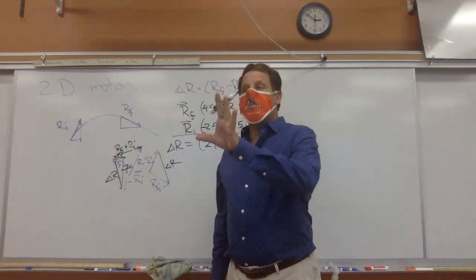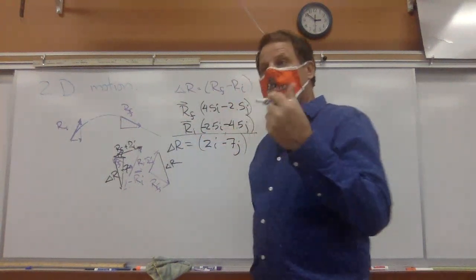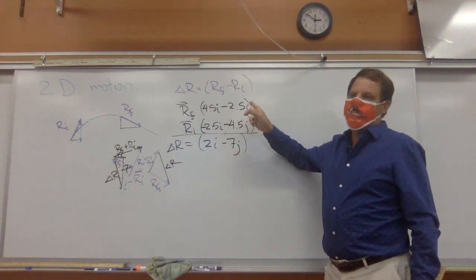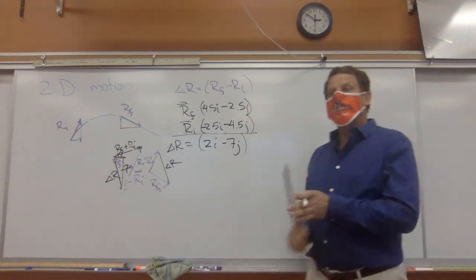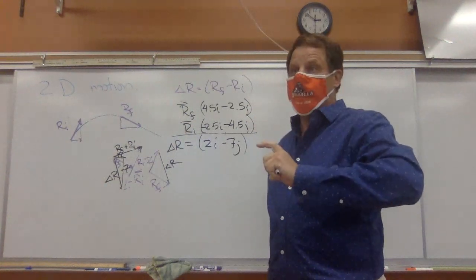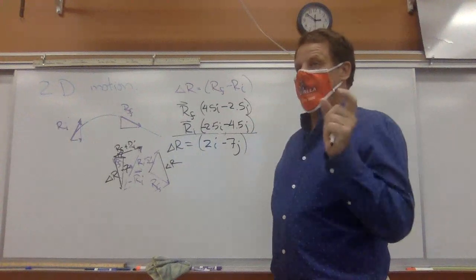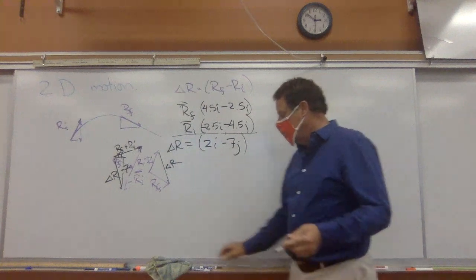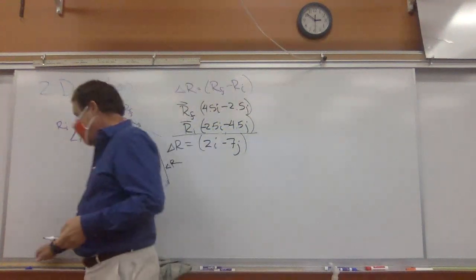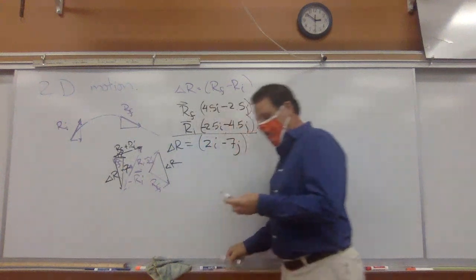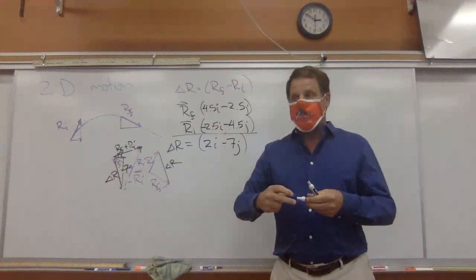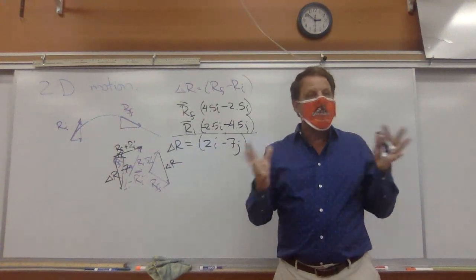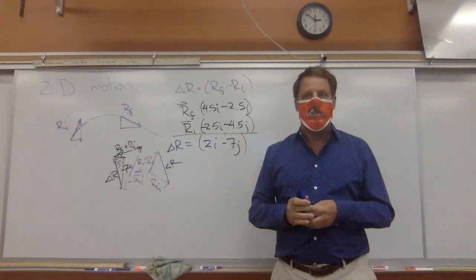Mostly, as opposed to measuring vectors, they're going to give it to you in the i's and j's, so we're going to be doing it more analytically anyways. When we do it graphically, it's a quick check: are we in the ballpark?